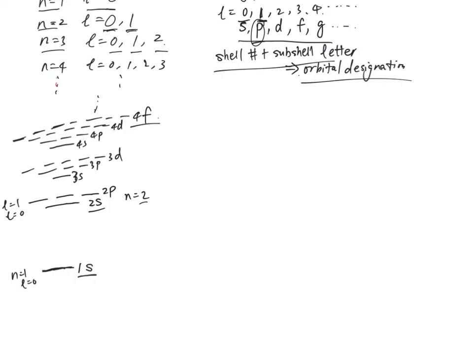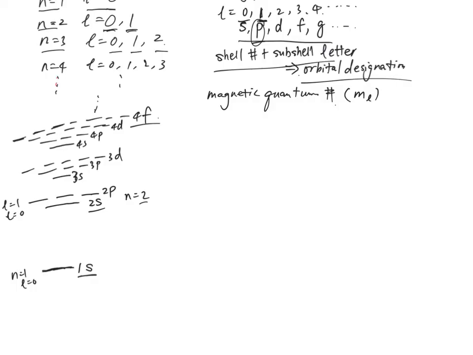Here's where we're going to need the third quantum number. We call it the magnetic quantum number, and we use lowercase m sub l to represent it. Why m sub l? Because just like L is limited by n, m sub l is greatly limited by L. How is this magnetic quantum number defined?